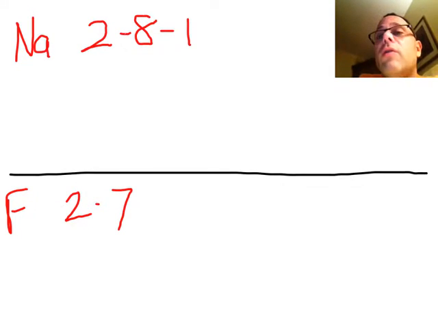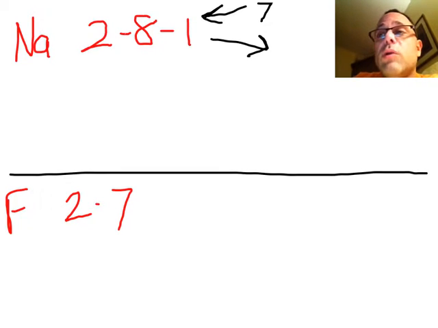First, let's inspect sodium. The octet rule says that the outermost shell of any atom wants to be complete. So in order for sodium to achieve this, it could do two things. It could acquire 7 electrons, or it could lose the 1. Now the simplest thing is losing 1, giving it a brand new electron configuration of 2-8.